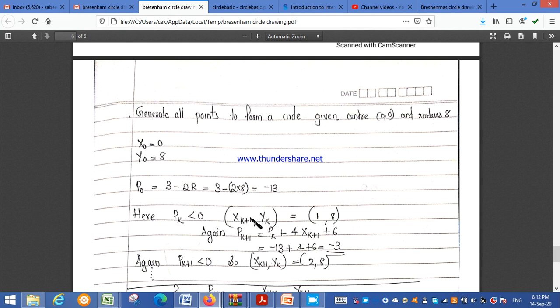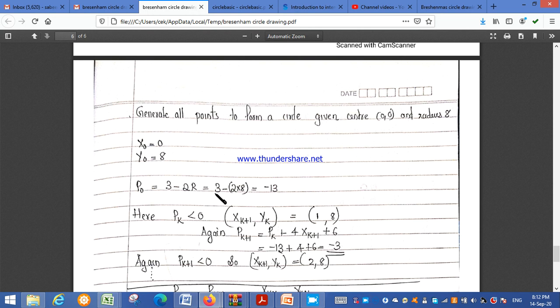So your next point is xk plus 1, yk. That is xk plus 1: xk is 0, 0 plus 1 is 1. Yk is this 8 itself, so the point is 1, 8. Then you calculate the formula pk plus 1 equal to pk plus 4 into xk plus 1 plus 6.